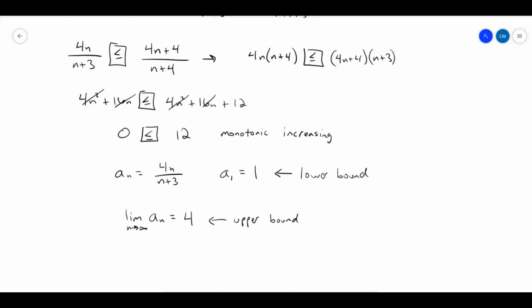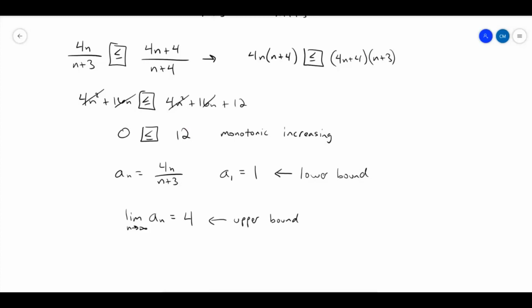Like I could say negative 10 is a lower bound on this particular sequence, right? Because all the terms of this sequence are above the number negative 10, right? So that's still considered a lower bound. And likewise, I could say the number 50 billion is an upper bound, right? Because no terms of the sequence are above 50 billion, so that's an upper bound.